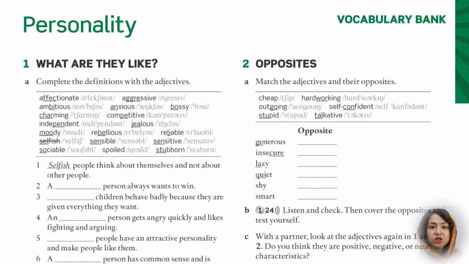Let's go. Affectionate, kind and compassionate. Aggressive, very angry. Ambitious, a person who looks for high ranks, okay? Sets his or her eyes high. Anxious, very worried.